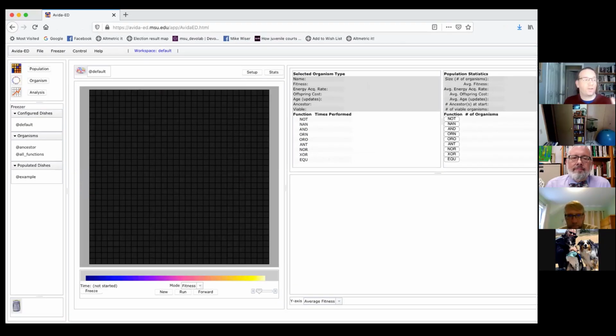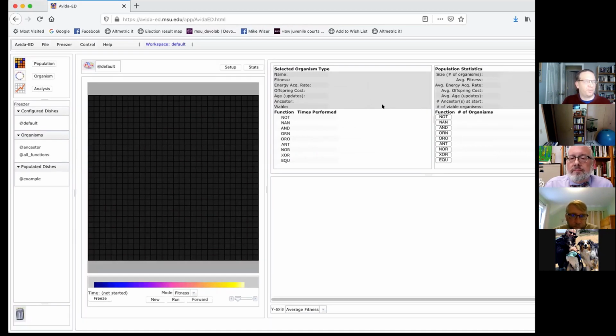All right, so you can see I've got my virtual Petri dish here. I've got my freezer over here on the left. I've got my organisms here on the right. You can all see that?